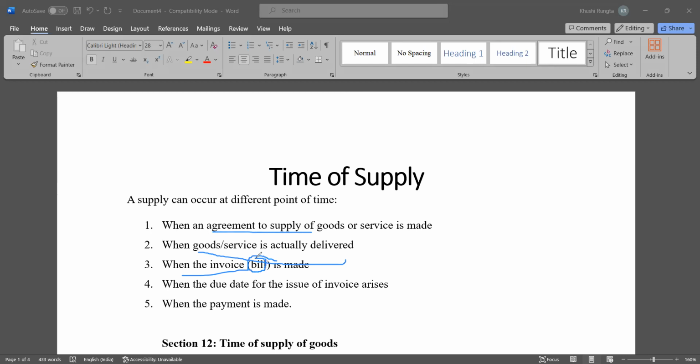When the invoice or the bill is made, or when the due date for the issue of invoice arises, meaning when the supplier should make the invoice or the bill and issue it to the recipient party, or when the payment is made, when should the time actually be determined.